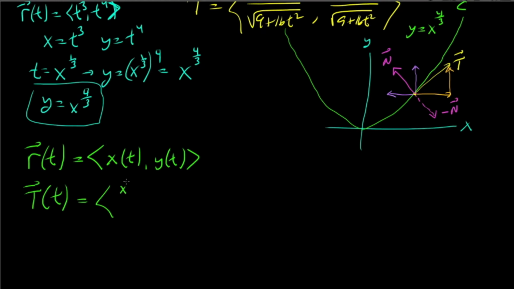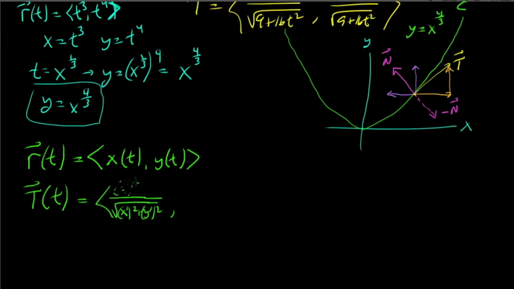It's going to be x prime divided by the square root of x prime squared plus y prime squared. I don't think there's a square in the numerator. Let me make that clear: it's just x prime, not x prime squared.